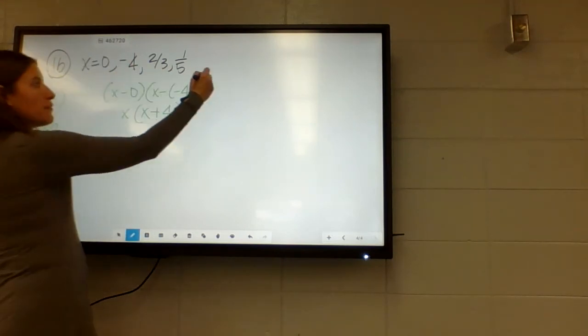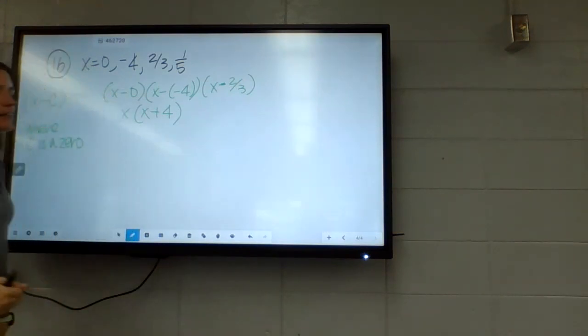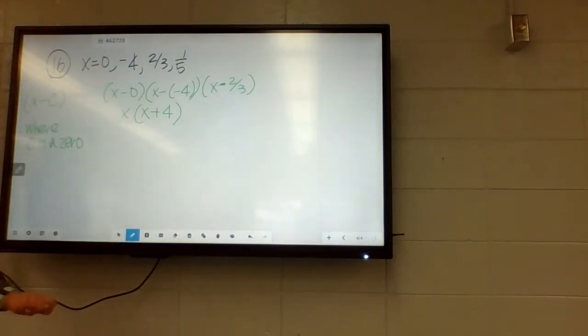My third factor would be x minus 2/3. Now you can leave it that way, however, it might be a little bit better to try and write that with nicer numbers, I guess is what I would probably suggest. So thinking back to what that would look like.